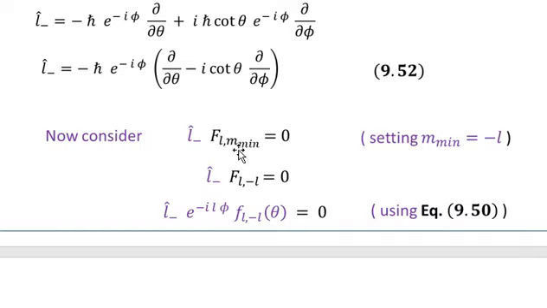Now I am going to replace m minimum with its value, which is minus L. Now I have L minus operating on f L comma minus L, where f L comma minus L from equation number 50 can be written as e to the power minus i L phi times the theta dependent part, small f L comma minus L as a function of theta, is equal to 0. You can use equation number 50, replace the value of m by minus L, and you will get this equation.